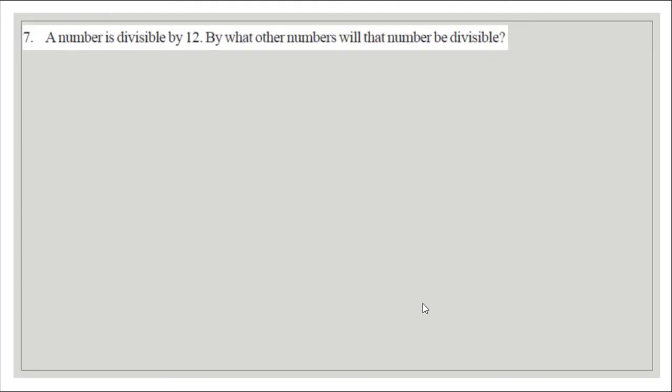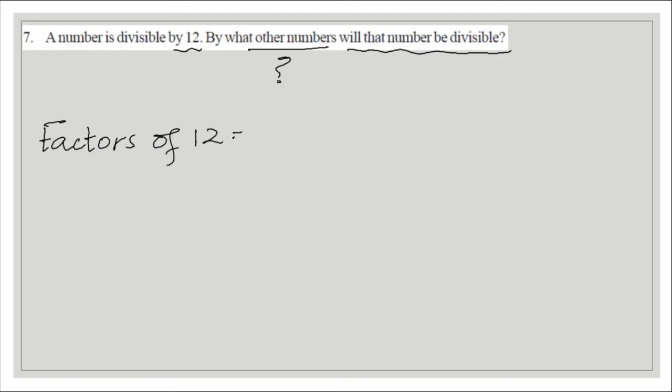This question is the last question for the exercise 3.4. Question is, a number is divisible by 12. By what other numbers will that number be divisible by? To find by what other numbers, I need to find out the factors of 12.